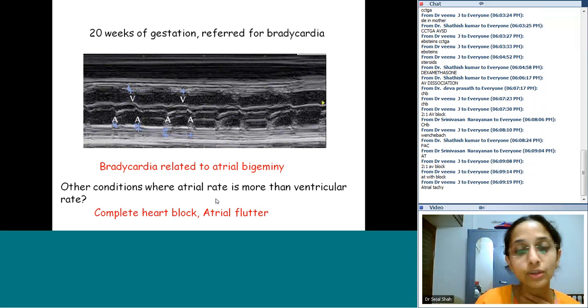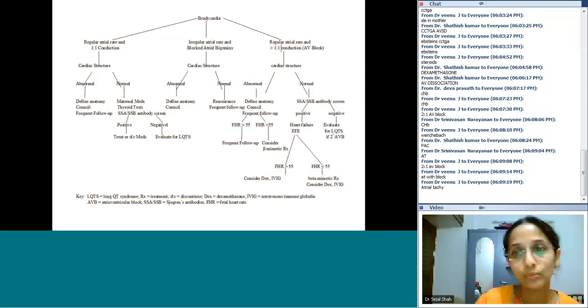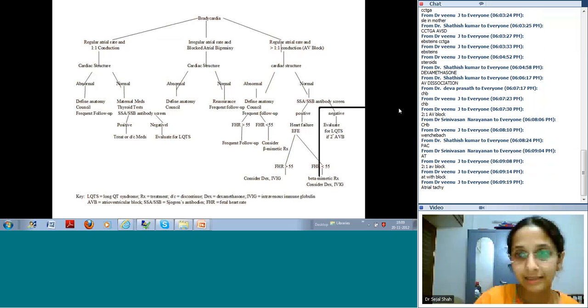And just to brush up, last time we have seen this slide. So whenever you have bradycardia, it's important to see atrioventricular coordination. You can have atrioventricular coordination where it could be a sinus bradycardia, and mother's thyroid and Ro antibodies need to be done. And QTc should be checked, as it can be a prolonged QTc which can manifest as brady-tachy syndrome.